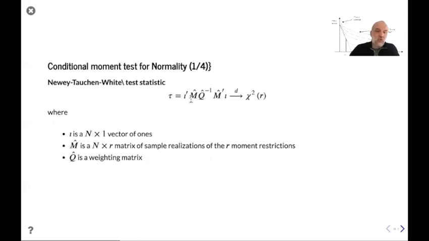Here, that's just a vector of ones. M is an n by r matrix of sample realizations of moment restrictions. I'm going to give you an example in a second. And Q here is a weighting matrix. Really, the optimal weighting matrix in this case would be the variance of those moment restrictions.